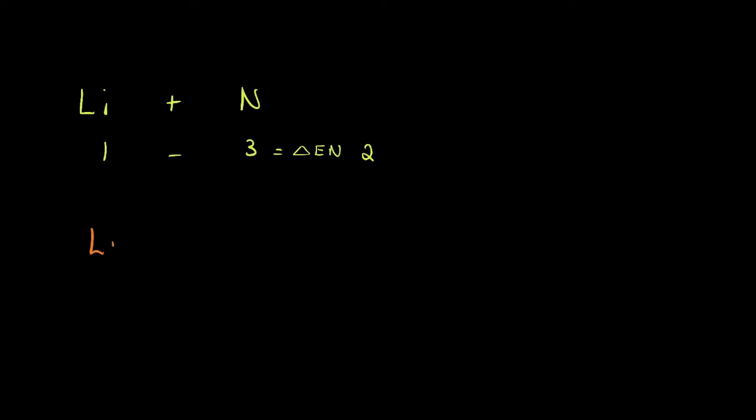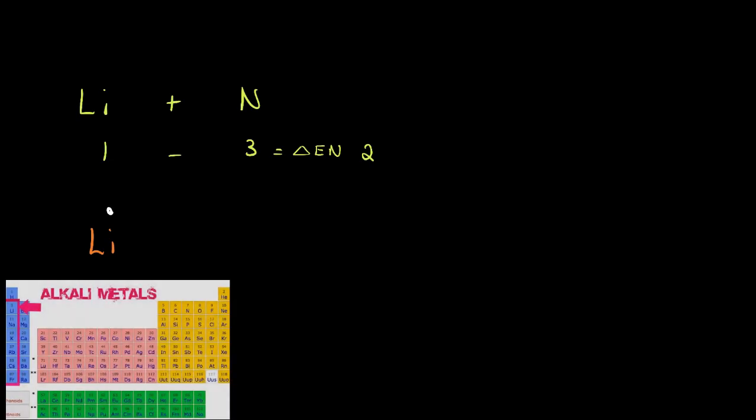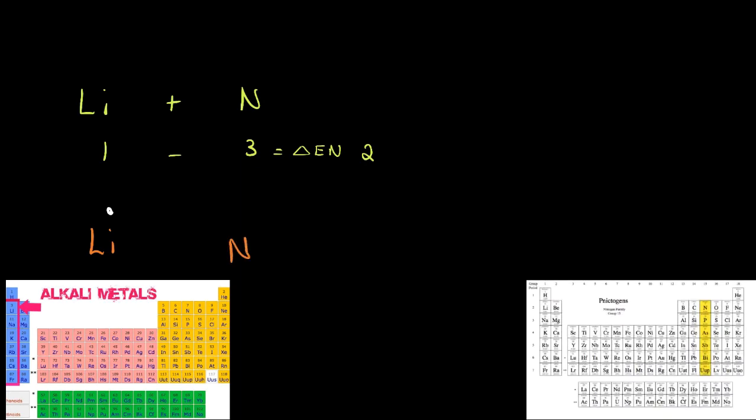So lithium, it is an alkali metal, so it only has 1 valence electron, found in group 1. You have nitrogen. Nitrogen, it is in group 5. I almost made that mistake. It is in group 5, so it has 5 valence electrons right here.